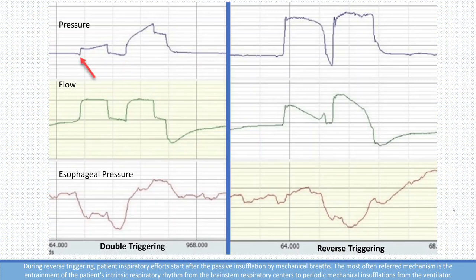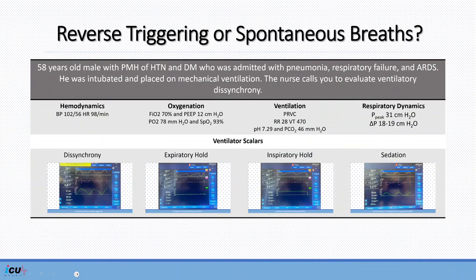So I hope this is clear, but I will give a couple of examples to clarify this in more detail. I had this patient who is 58 years old, history of diabetes and hypertension, admitted with pneumonia, respiratory failure, and ARDS. Intubated on mechanical ventilation.